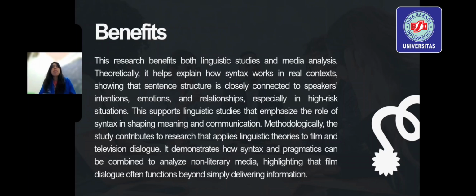They can be combined to analyze non-literary media, highlighting that film dialogue often functions beyond simply delivering information. As I explained before, the dialogue in the television series also delivers information, which makes the analysis simpler and more understandable. It depends on which dialogue, but for me, we can do an analysis of every dialogue, especially in syntax.